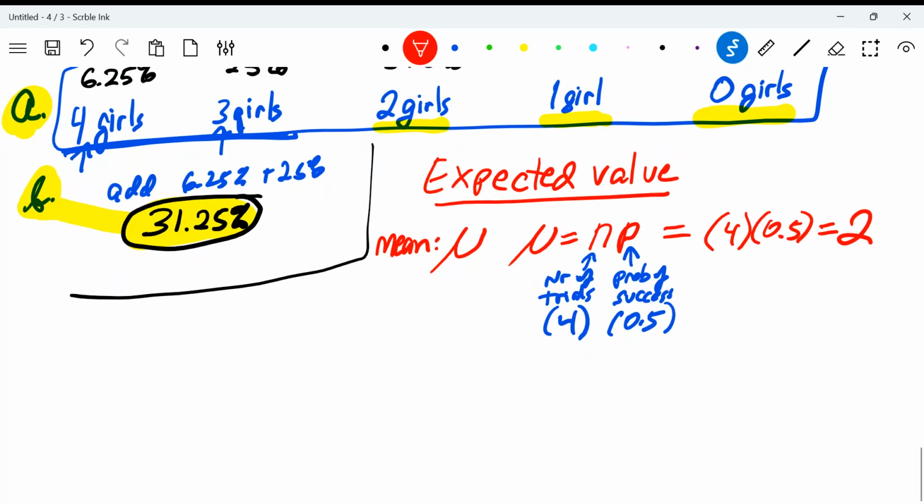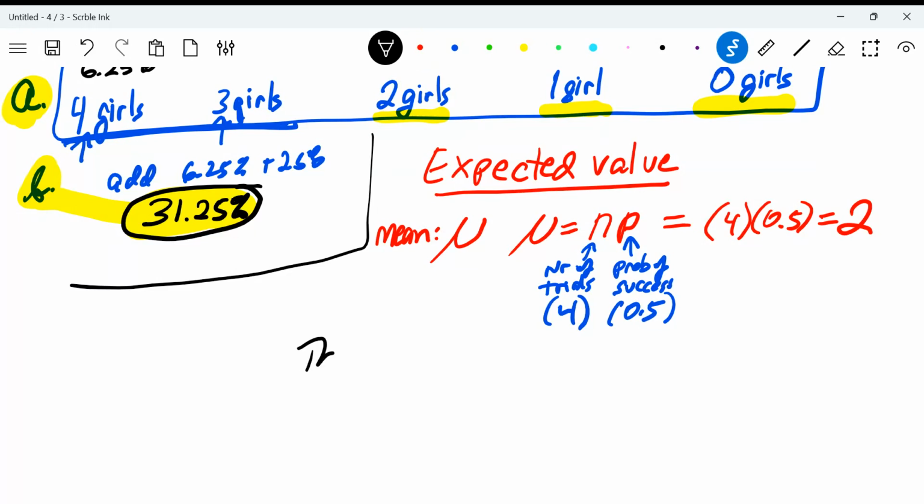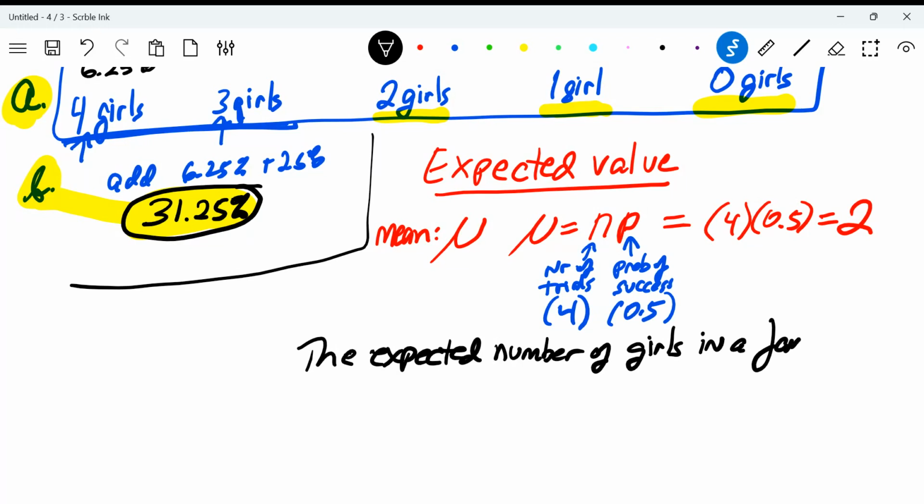So that means the way we would write this is the expected, like the theoretical probability. The expected value, in this case, the value is the number of girls. So the expected number of girls in a family of 4 children is 2.